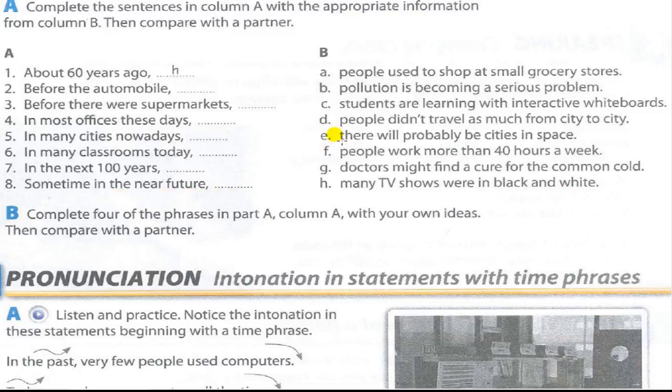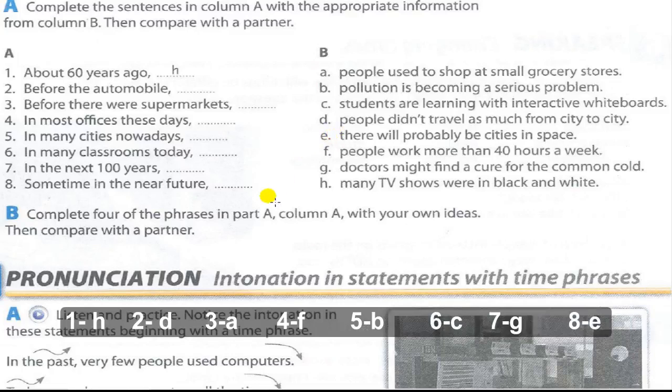Sometime in the near future, there will probably be cities in space. Again, the answers: number 1, H, 2, D, 3, A, 4, F, 5, B, 6, C, 7, G, 8, E.